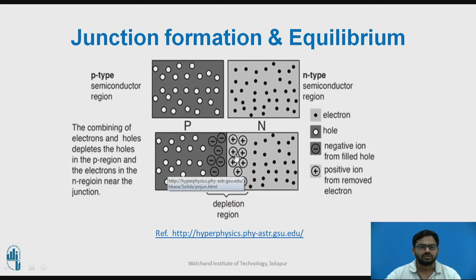It reaches equilibrium when the negative charge on the P side and the positive charge on the N side become equal, and further flow of mobile carriers, that is holes from the P side and electrons from the N side, halts. This condition is called the equilibrium condition, forming the PN junction diode. This is without an external bias or external voltage.